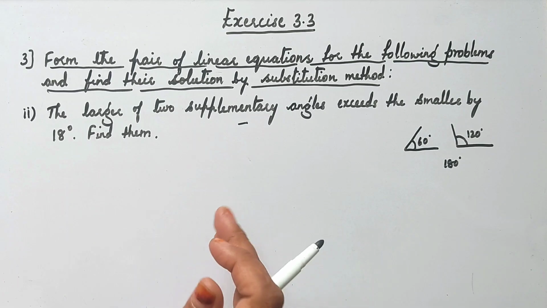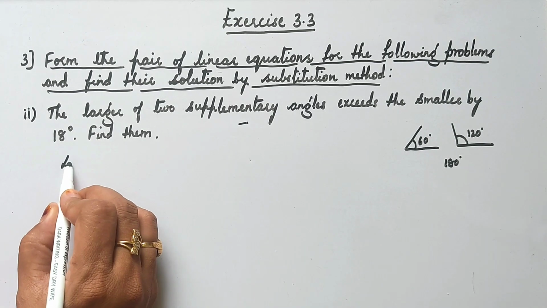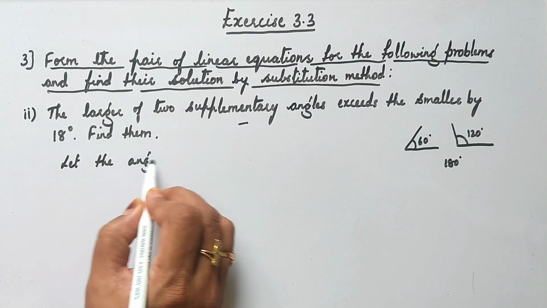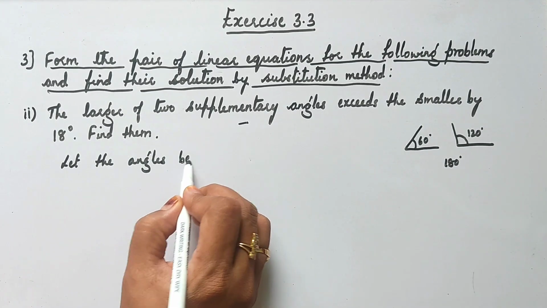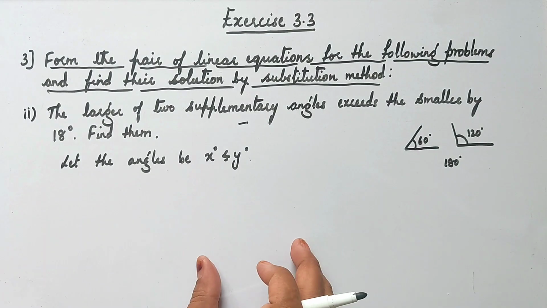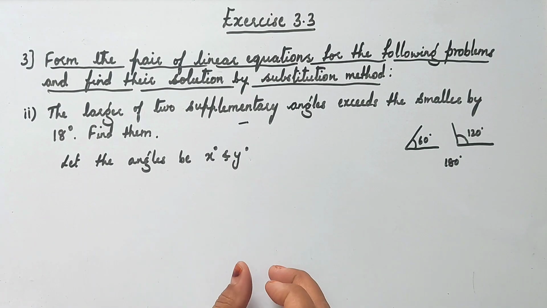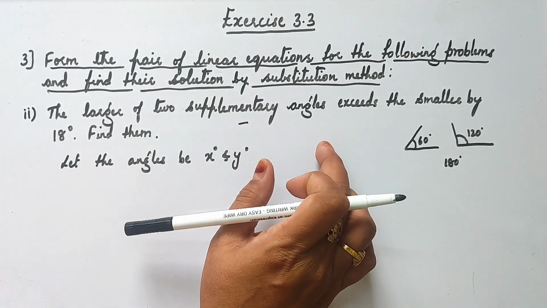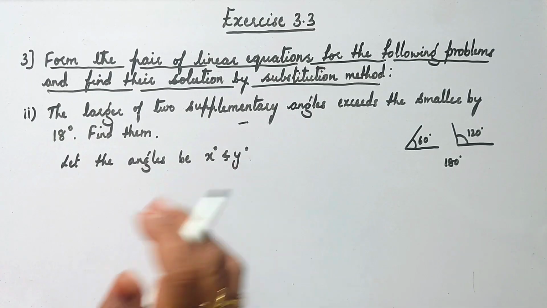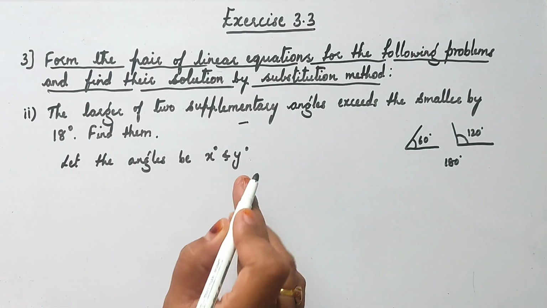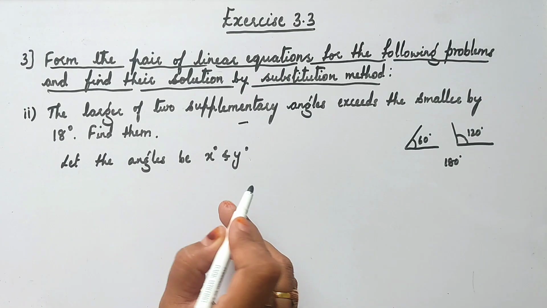Now here, the supplementary angles are two angles with the sum of 180 degrees, and assuming that the angles are x and y, let the angles be x degrees and y degrees. So two linear equations can be formed from this known situation. Let x be the larger angle and y the smaller angle.